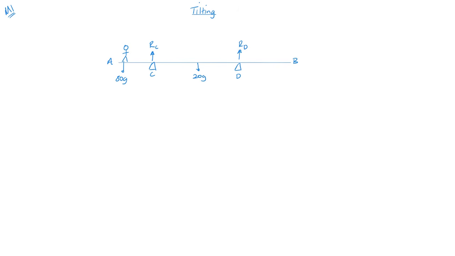It hasn't gone up yet, but it's about to. And when it's about to tilt, this normal reaction disappears. This RD is equal to 0 because it's about to tilt. And that's what tilting is.